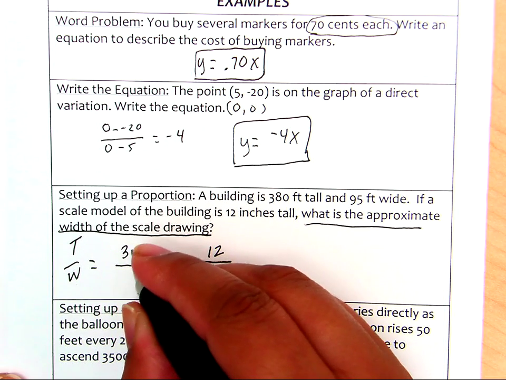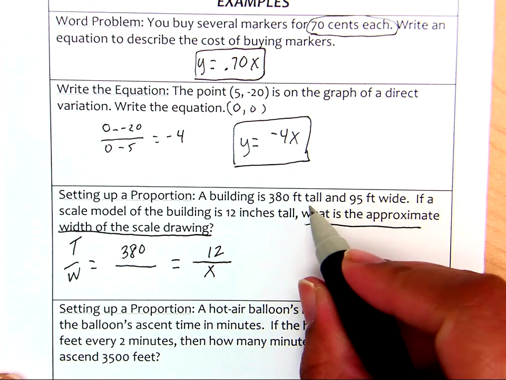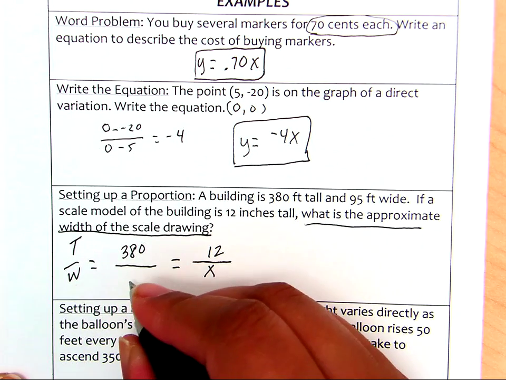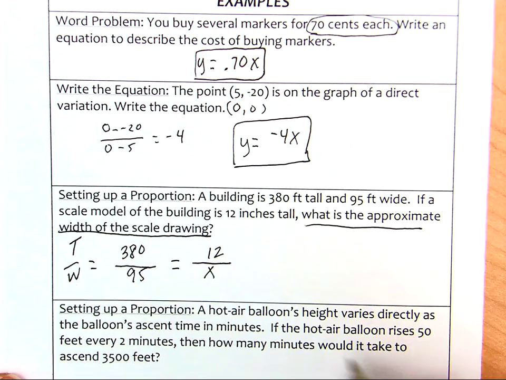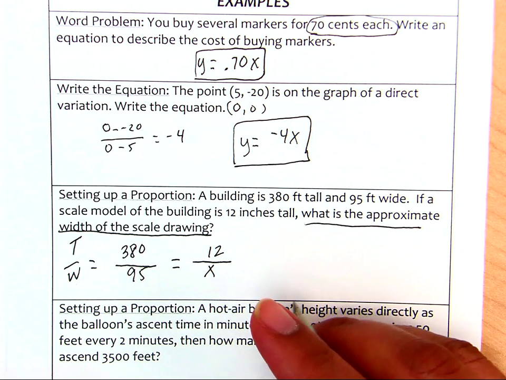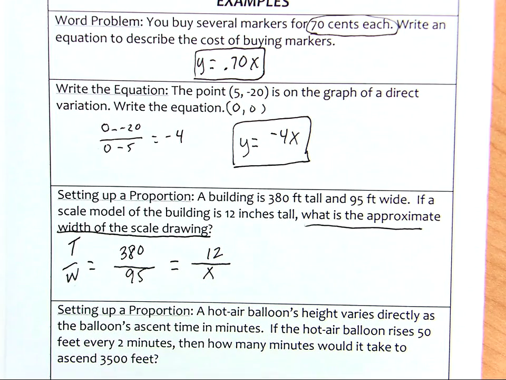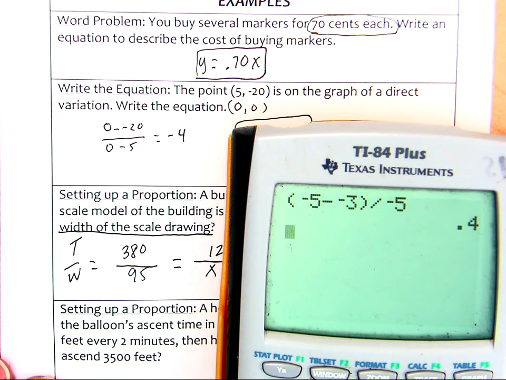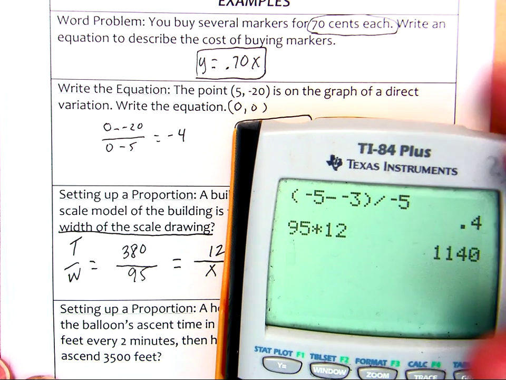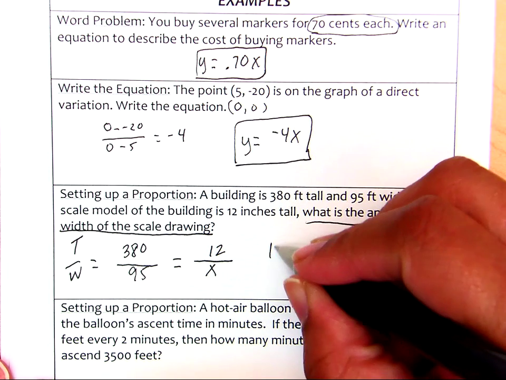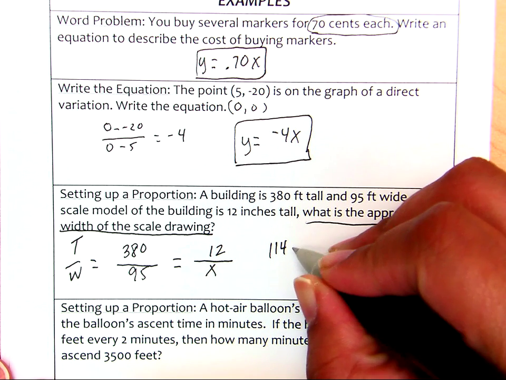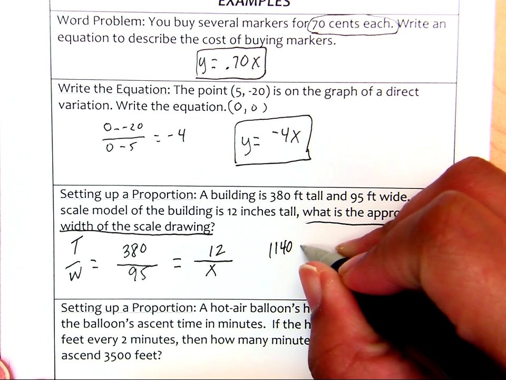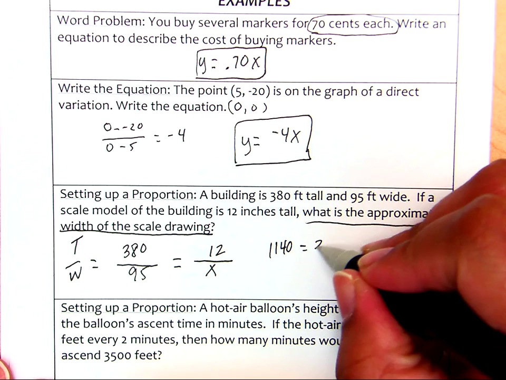Here this is 380 feet tall and 95 feet wide. Now we're going to do cross multiplication. So 95 times 12 is 1,140, and that's going to be equal to 380x.